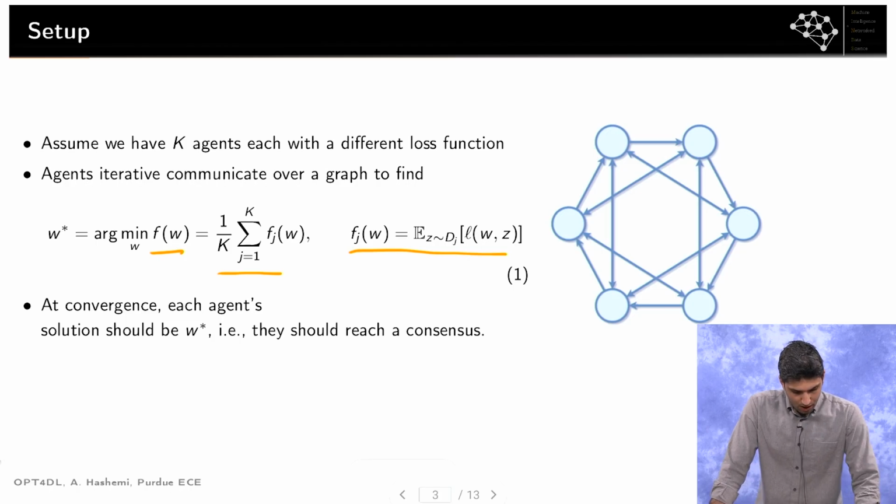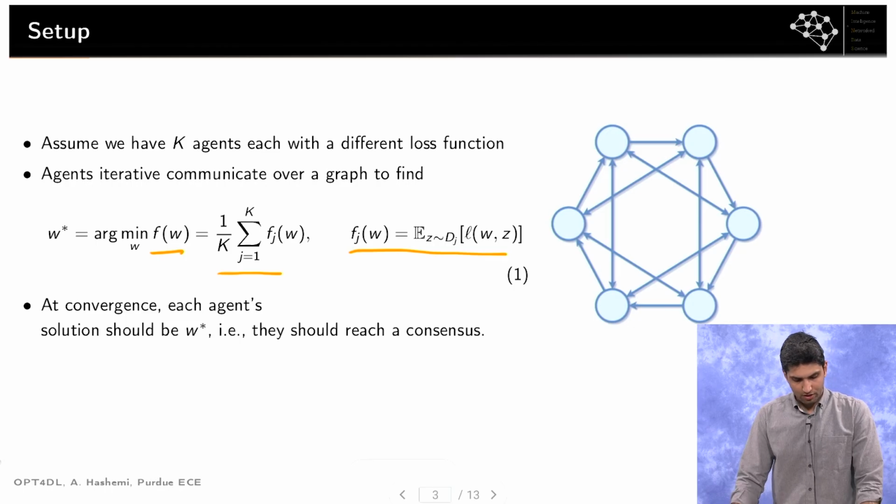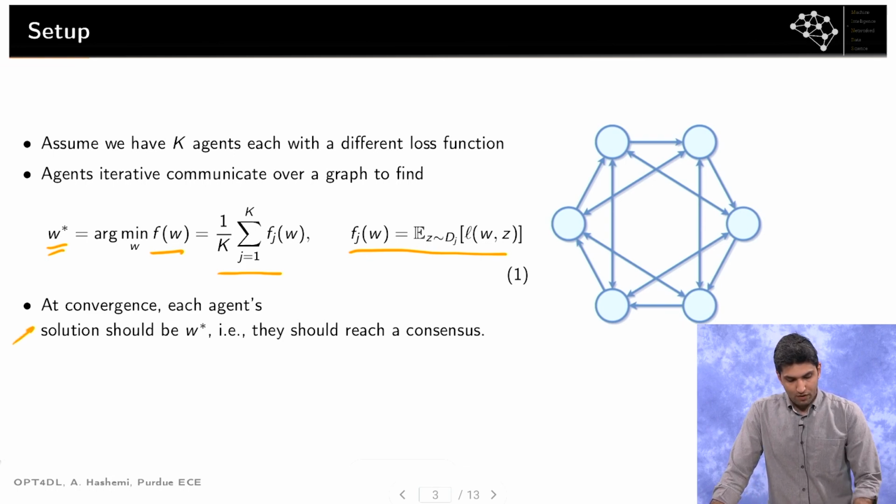Now, how are we going to solve this problem? The agents are going to iteratively communicate over a graph to find the optimal or suboptimal solution to this problem. This is an implicit constraint that we are imposing: we want every agent to have the same solution w star.